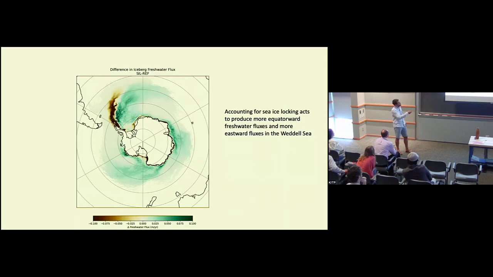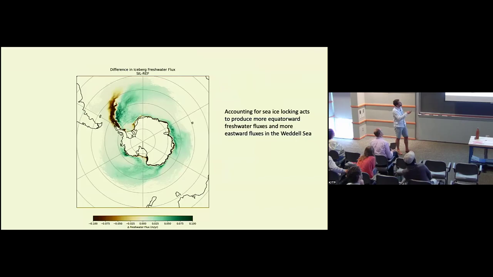And actually you see that if you ignore that process, along the coast you see a lot of negative values of freshwater flux because most of the icebergs stick in that region in the no-locking experiments. They are just affected by the coastal currents, actually.